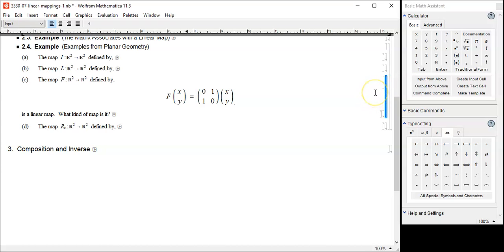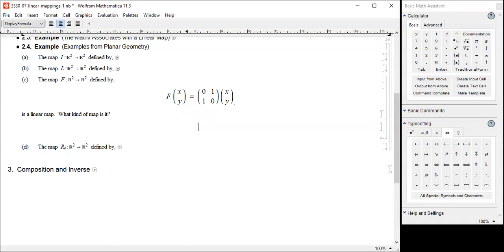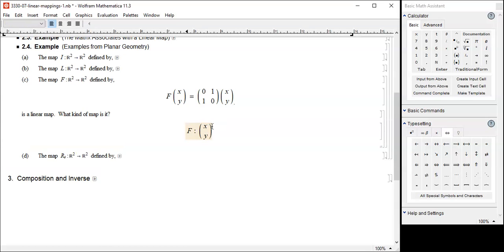How about the next example? Well, f is sending (1, 0) to what? What's the first column? First column is (0, 1), isn't it? (0, 1).